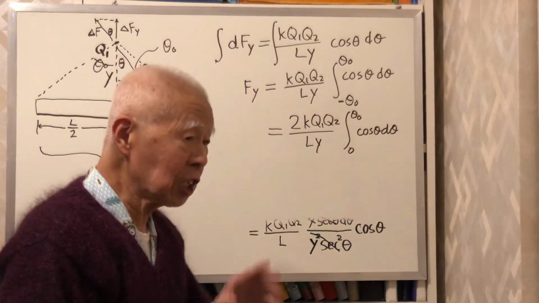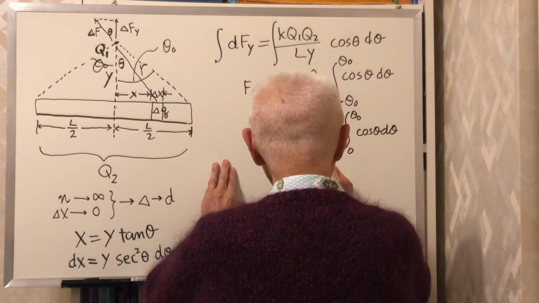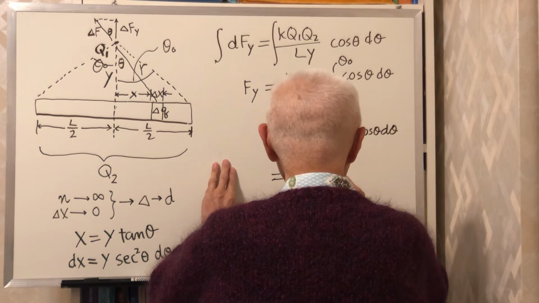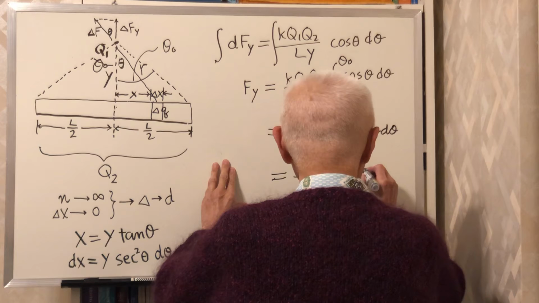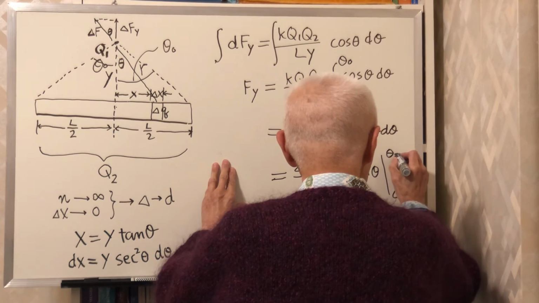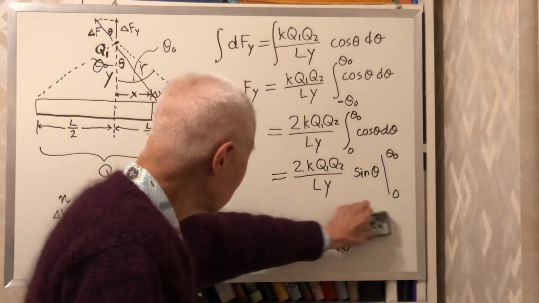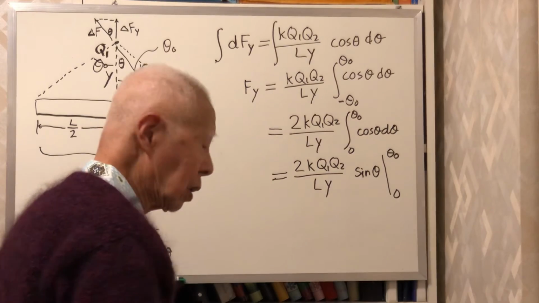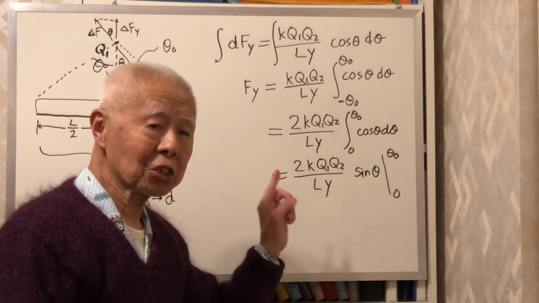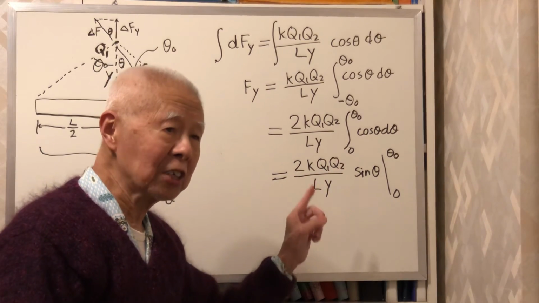Integration of cosine is sine. When you put the lower limit 0 into sine theta, that is sine 0, which is just 0. Then put the upper limit there, sine theta 0.